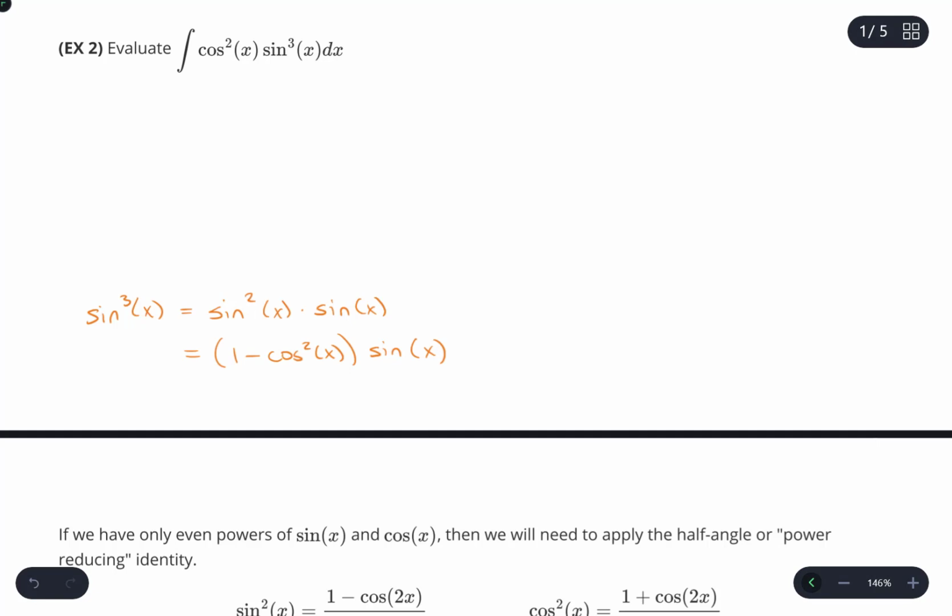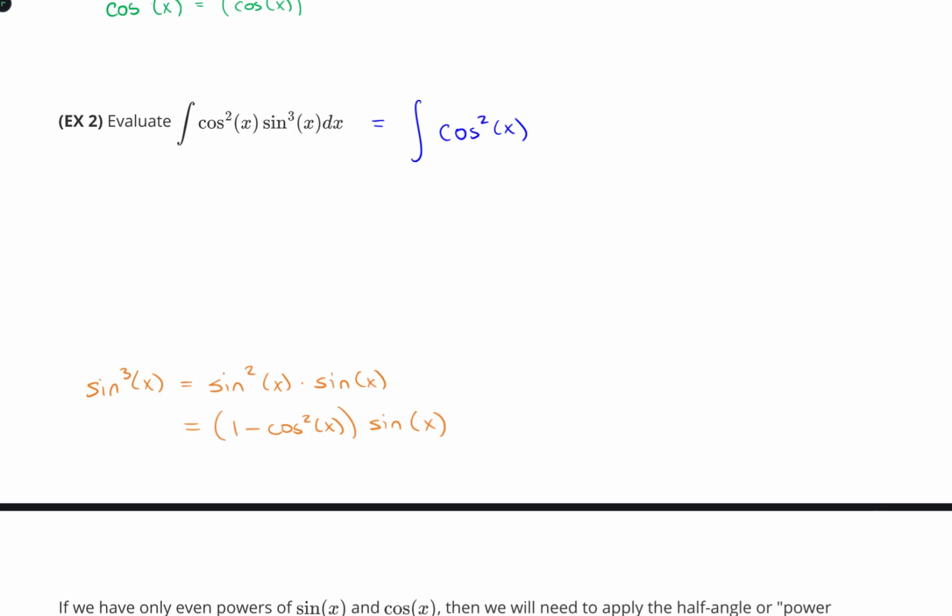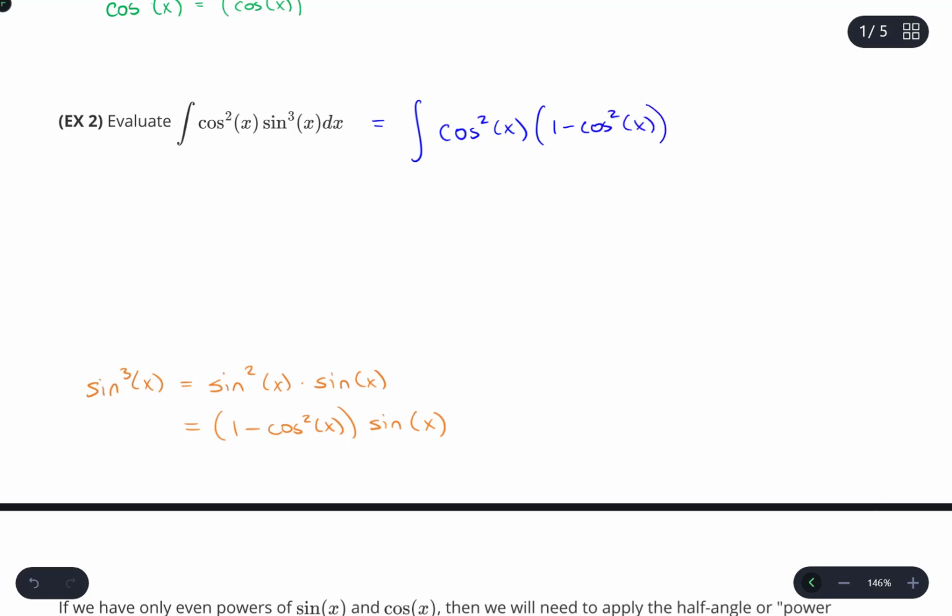So let's walk through the steps here. All right, so I'm going to rewrite this. I have cosine squared x. I'm not changing it for a moment. But sine cubed, I'm replacing with everything down here. I'm going to write it as 1 minus cosine squared x times sine x dx.